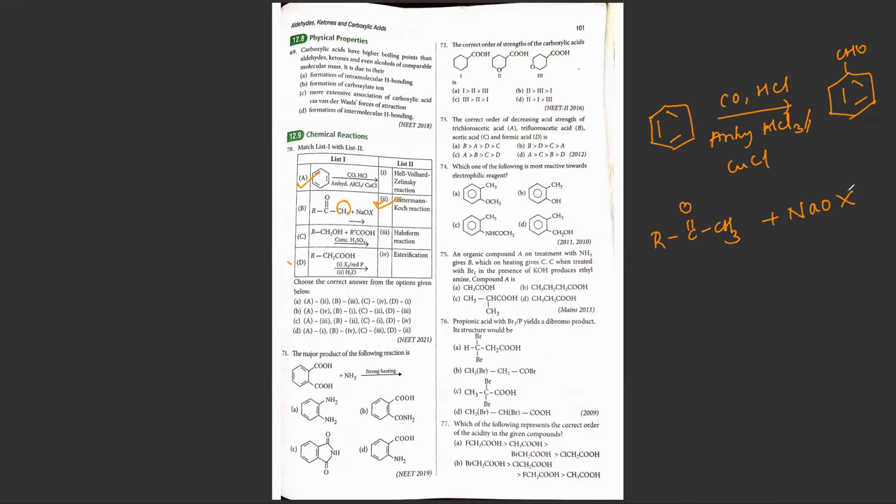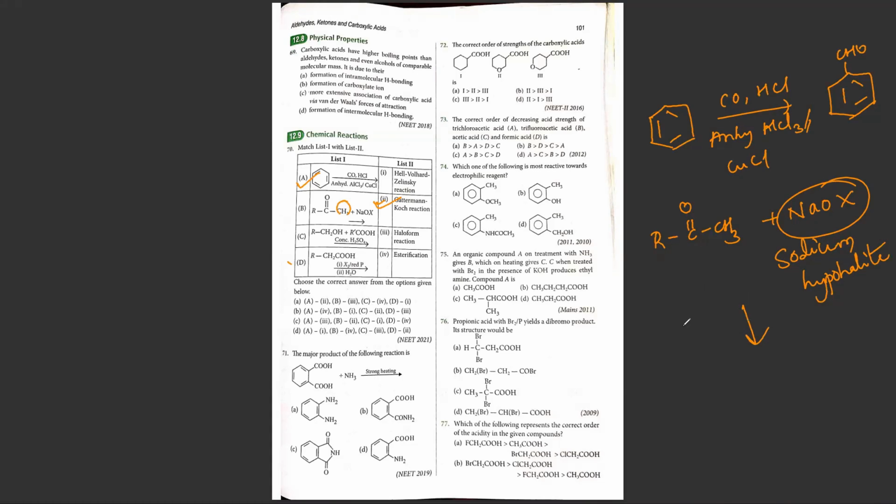So this is sodium hypohalite. When you react it with sodium hypohalite, it forms a sodium salt. The corresponding sodium salt of the carboxylic acid is produced, containing one carbon less than the parent chain.